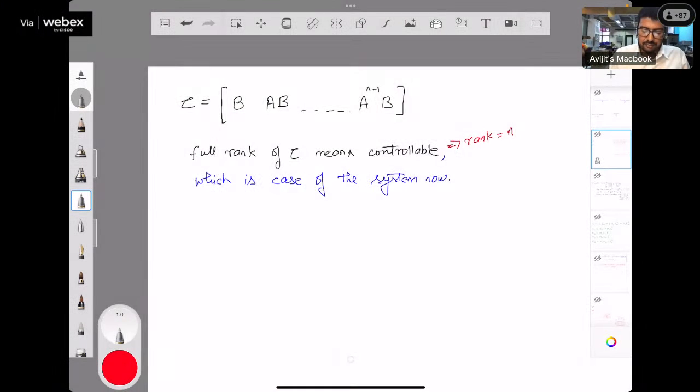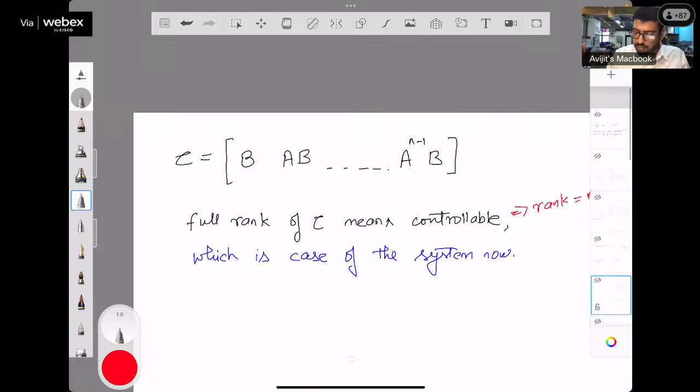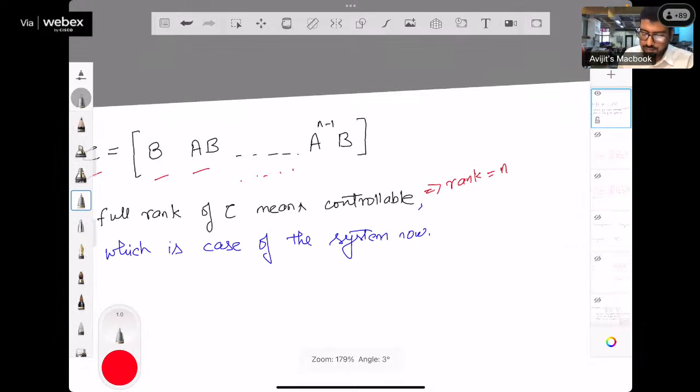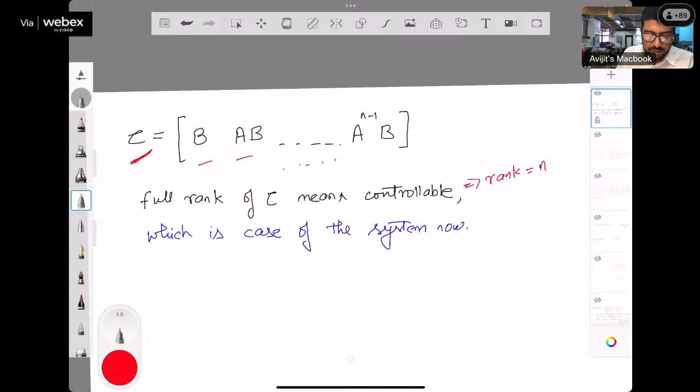This controllability matrix is stated as C equals [B, AB, A squared B, up to A to the n minus 1 times B], where n is the order of the A matrix. And if the rank of this controllability matrix is equal to n, then it is a controllable system. Okay.